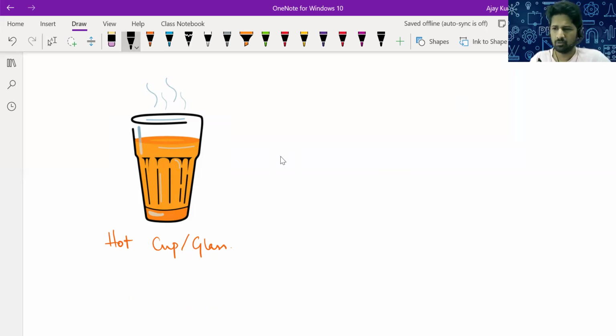So, tell me, if you want to check how hot it is, how do you do it? Do you put one of your fingers, or do you try to maintain minimum contact with the cup, or do you grab it with both palms completely and then check how hot it is? Do you try to maintain minimum or maximum contact?